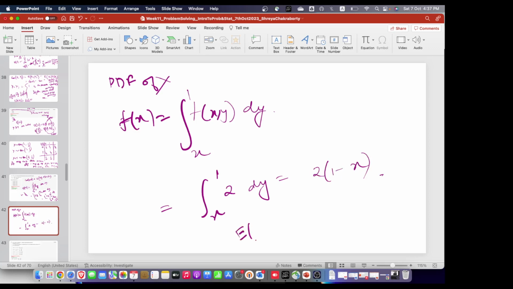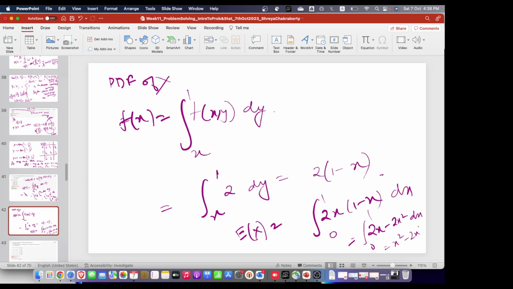Alright, and expectation of x would be the integral of 2x into (1 minus x) dx. x can take values from 0 to 1. So it will be the integral of 2x minus 2x square dx from 0 to 1. It will be x square minus 2x cube by 3, from 0 to 1. So this will be 1 minus 2 by 3, that is 1 by 3. Okay, expectation of x is 1 by 3.